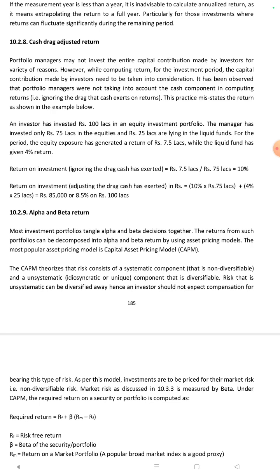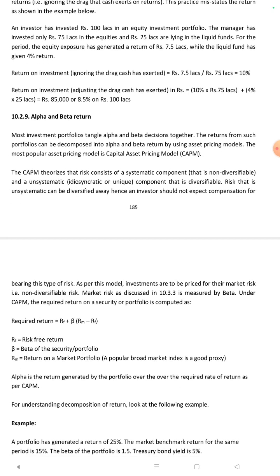The manager has invested 75 lakhs in equities, and 25 lakhs are lying in the liquid fund. For the period, the equity exposure has generated a return of 7.5 lakhs, while the liquid fund has given 4%. Return on investment ignoring the cash drag is 7.5 divided by 75 lakhs, 10%. Return on investment with cash drag is 7.5 lakhs plus 4% of 25 lakhs, which is 1 lakh, 8.5 lakhs.